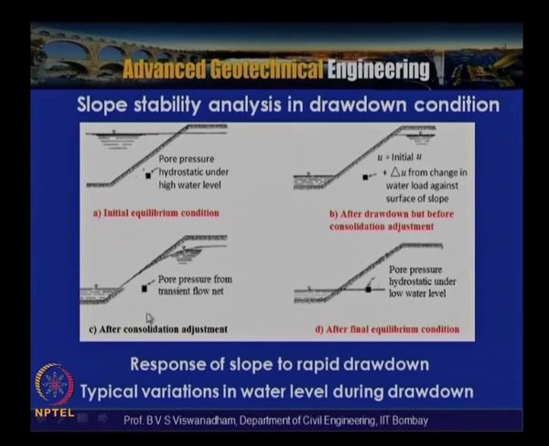Once it is subjected to consolidation adjustments, the pore water pressure obtained from the transient flow net is shown here, and once equilibrium is established with the low water level, the pore water pressure is established accordingly. When these things happen in a cyclic manner, with increasing and then decreasing water level, there can be a possibility that the factor of safety gets hampered.